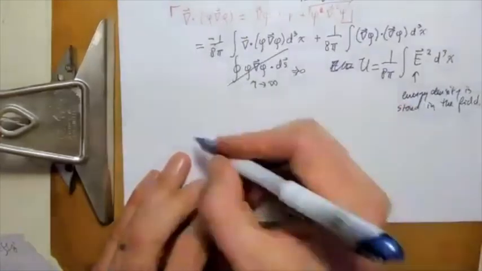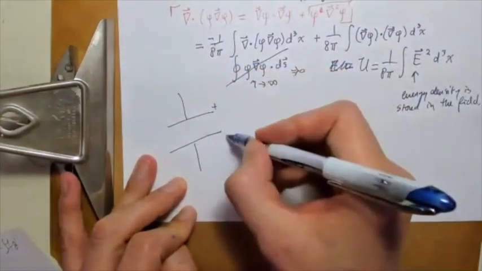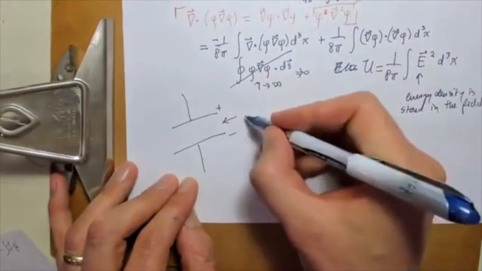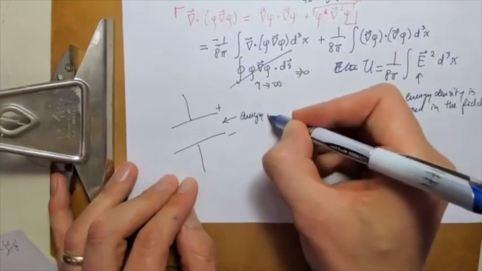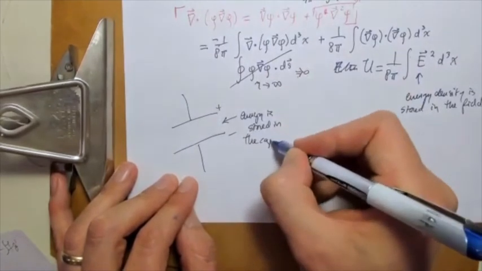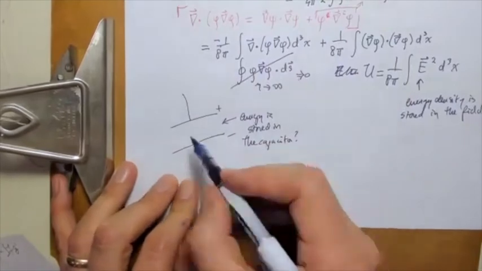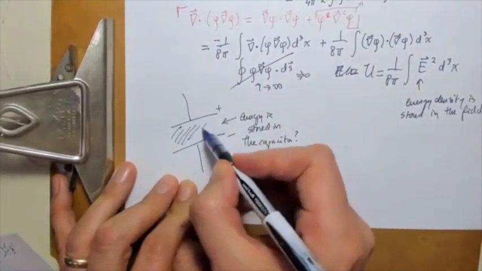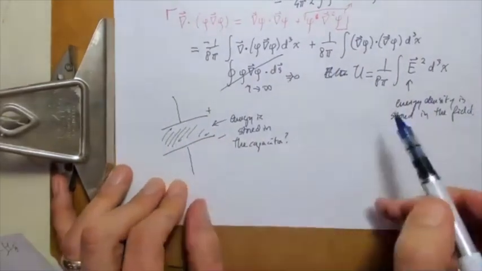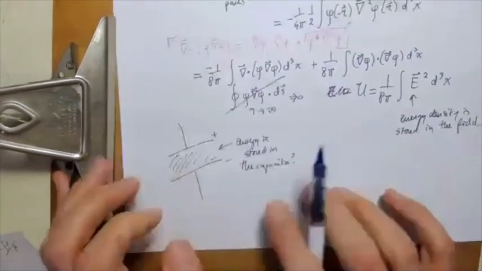So for instance, if you take some kind of parallel plate capacitor, charge this positively, charge this negatively, and you want to know how much energy is stored in the capacitor, you can express that as the energy that's stored in this region between the two capacitor plates, and you can work out what the energy density is, and it turns out to be, again, exactly this E squared.